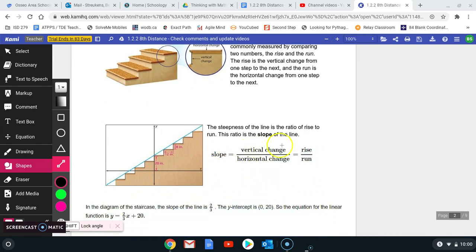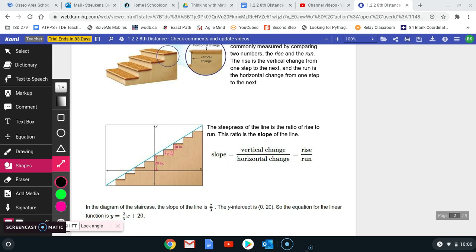The steepness of the line is the ratio of the rise to the run. This ratio is the slope of the line. So the slope is the vertical change over the horizontal change, or the rise over the run. You'll be hearing us use a lot of rise over run this year, but just think of it as a staircase.